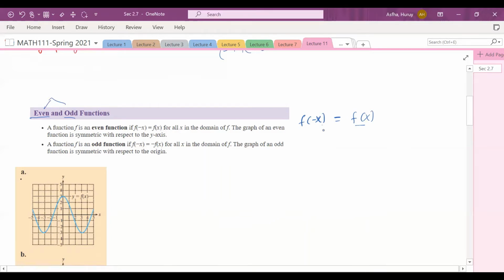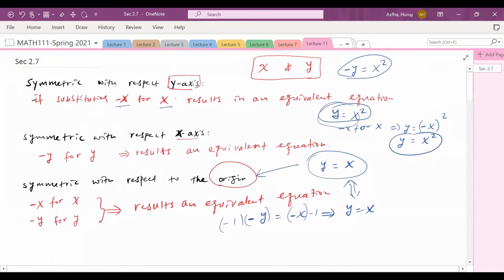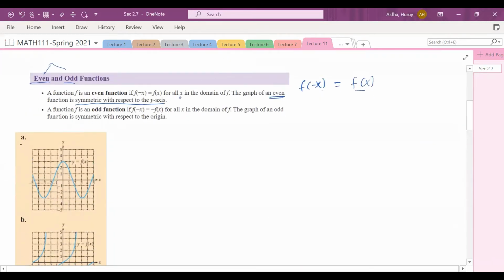Any even function is symmetric with respect to the y-axis, because this is the same concept as what we have over here. Substituting negative x for x, if it results in the same or equivalent equation, then we say this is symmetric with respect to the y-axis, and this is a similar idea.